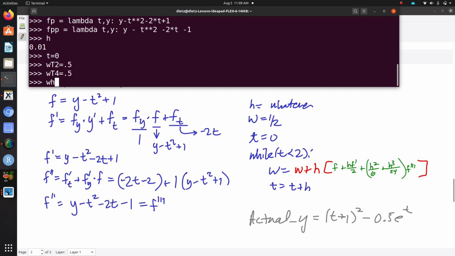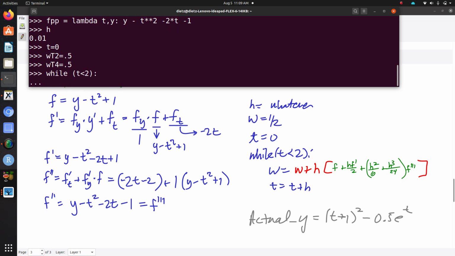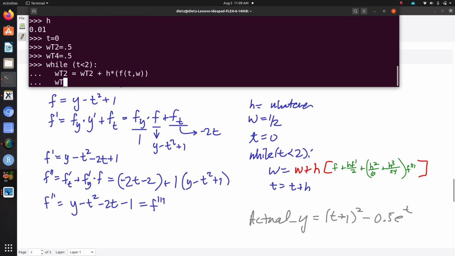So, while T is less than 2, WT2 is equal to WT2 plus H times F of T and W. Okay? And meanwhile, WT4 is going to be, but I messed that up.